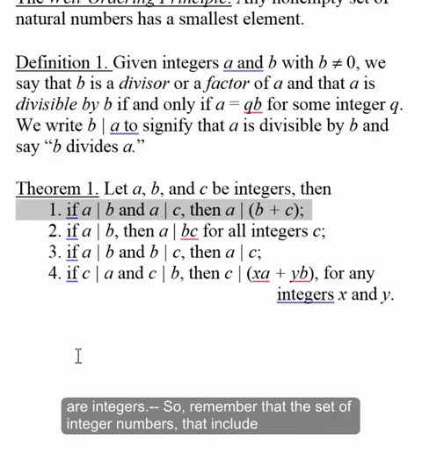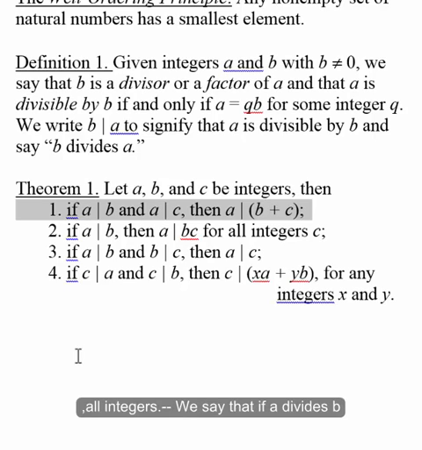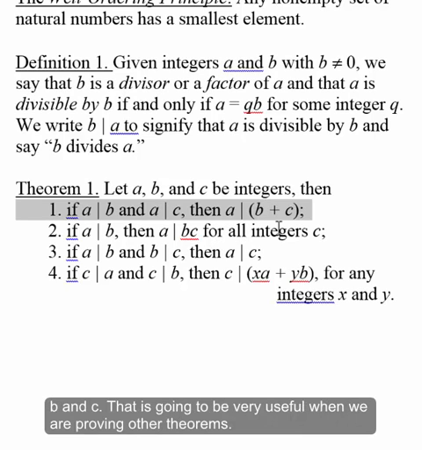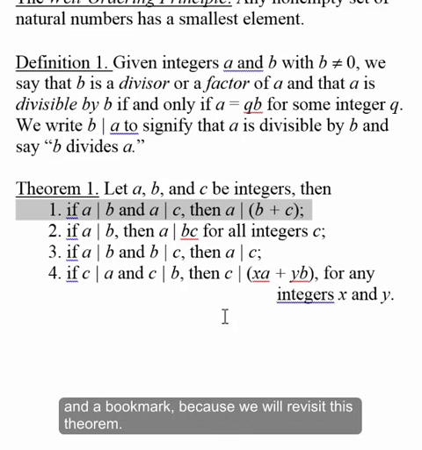So remember, the set of the integer numbers includes the positive numbers, the negative numbers, and 0, all integers. We say that if a divides b and a divides c, then a divides the addition of b and c. That's going to be very useful when we are proving other theorems. So again, keep this with a red flag and a bookmark, because we'll revisit this theorem.